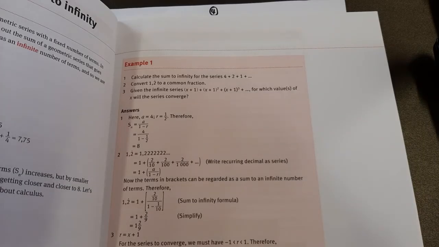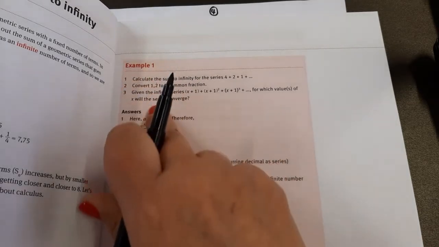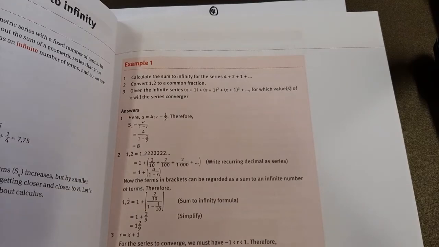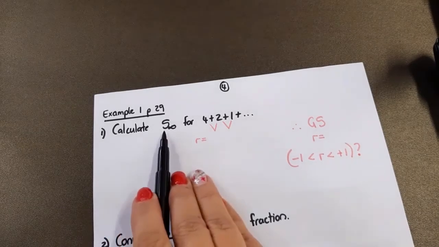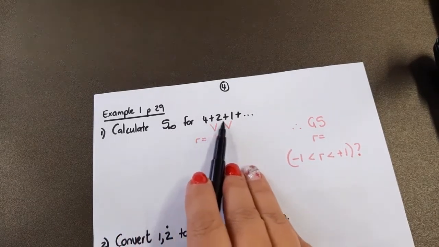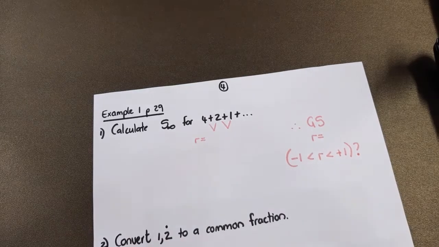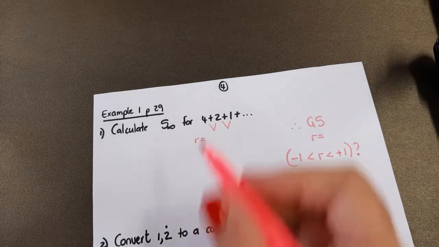I'm now going to explain example 1 on page 29, all 3 examples. In the first example, they want us to calculate the sum of infinity for this series. First we need to determine whether it's a geometrical or arithmetic series.